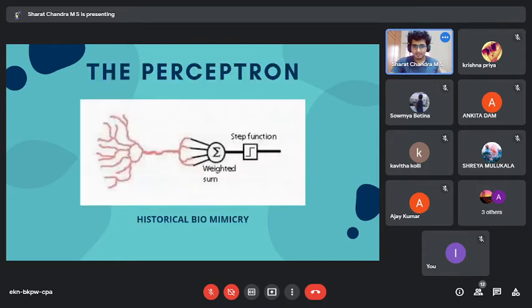So this is the perceptron, historical biomimicry, as we call it, because what these scientists decided was to investigate how our brain thinks. In order to do that, they were trying to go from outside to inside, and in that process, the least they could go to was a perceptron.